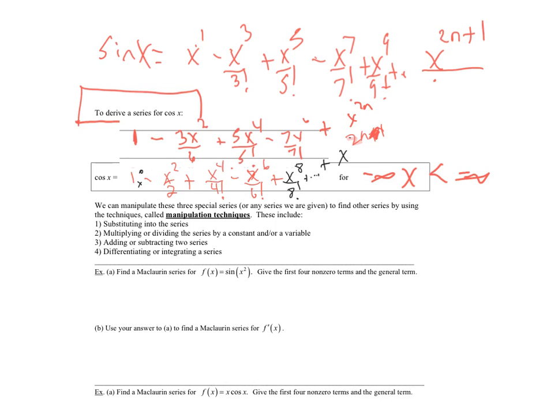With a 2n minus 1. N minus 1 will always guarantee me an odd number. This is 2n because it's an even number.